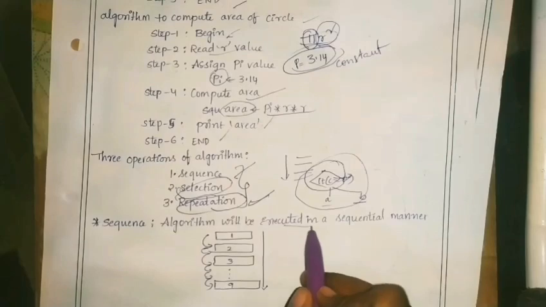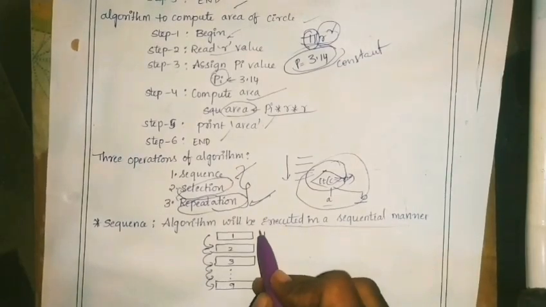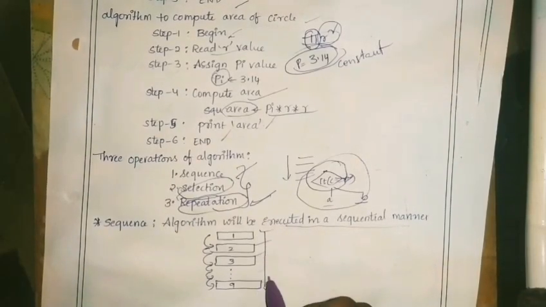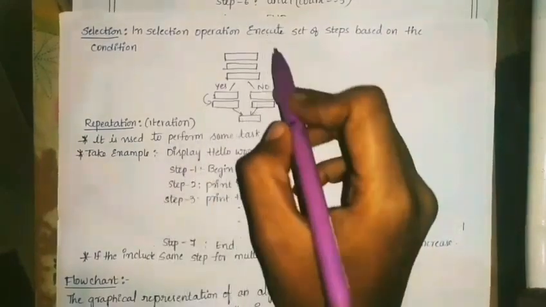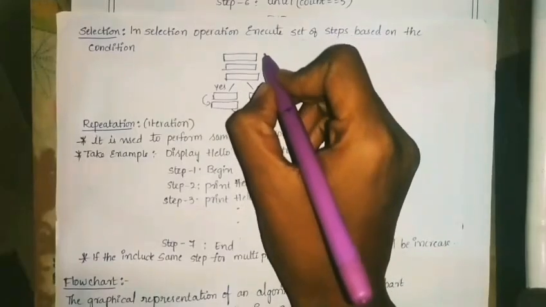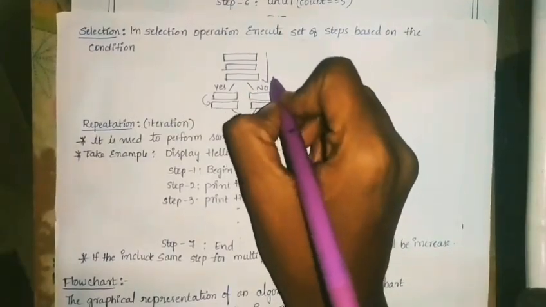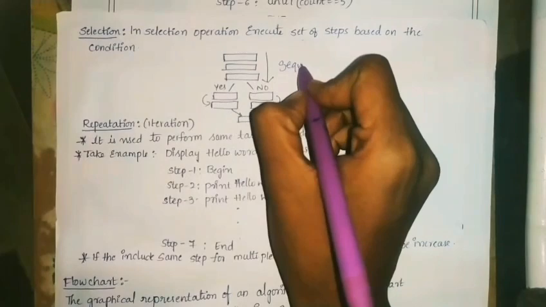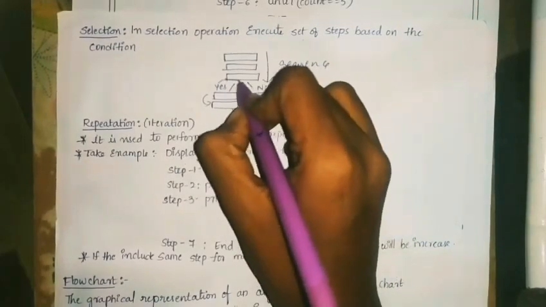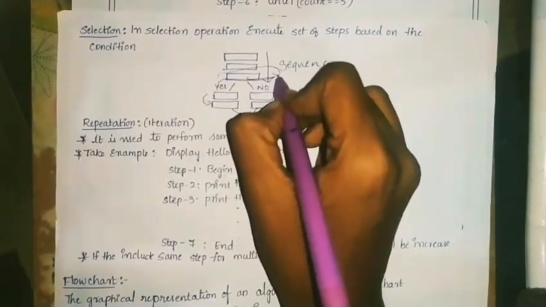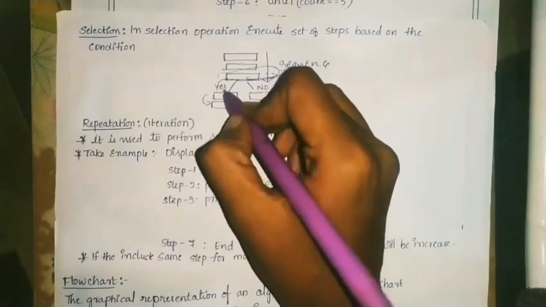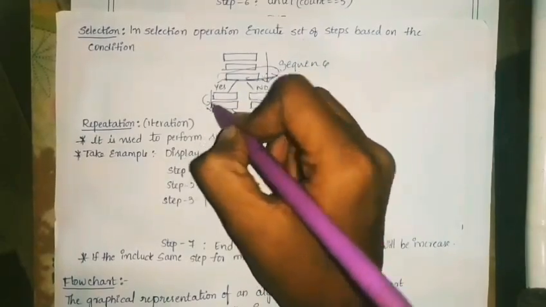An algorithm is executed in a sequential manner, one after another. Coming to selection, it executes a set of steps based on a condition. When the algorithm is executed one by one in sequence and we have a condition, it checks the condition. If it is yes, it executes these statements.